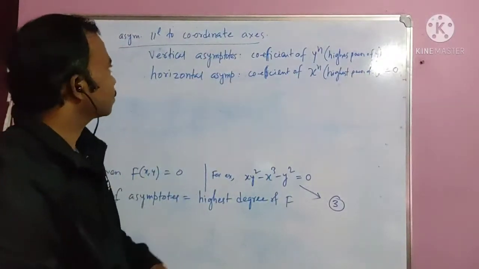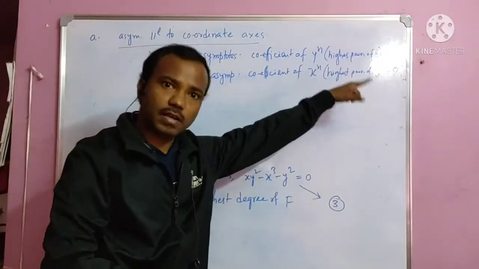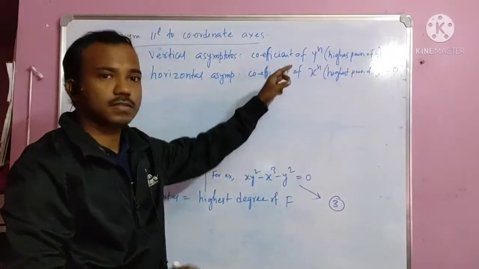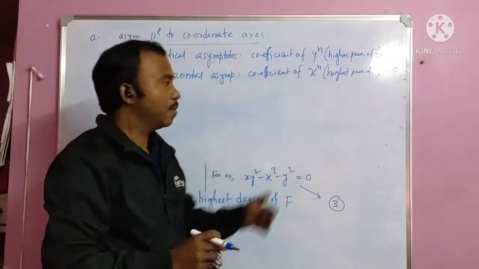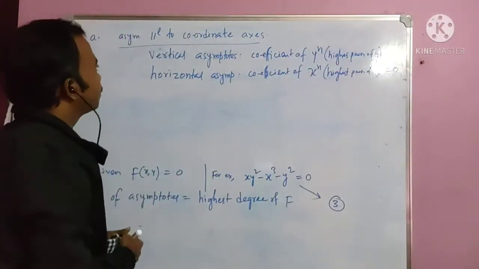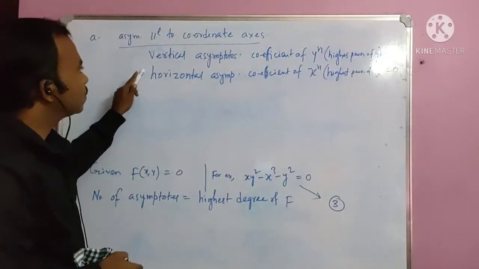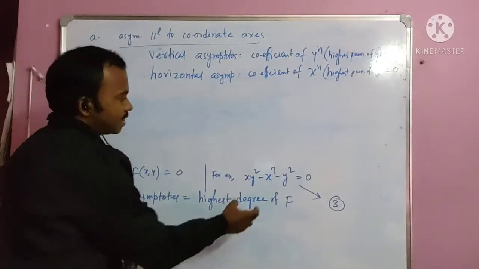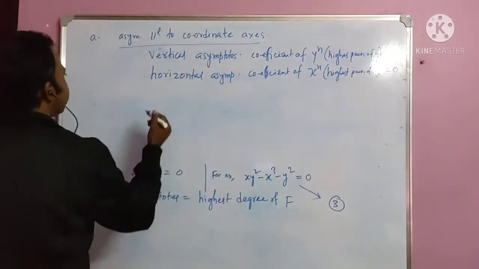Now see, coefficient of y to the power n, highest power of y in the curve, of course, I didn't write, to give you a brief formula. To calculate this one, let's take an example. The example we have already taken here. So let's bring it here.